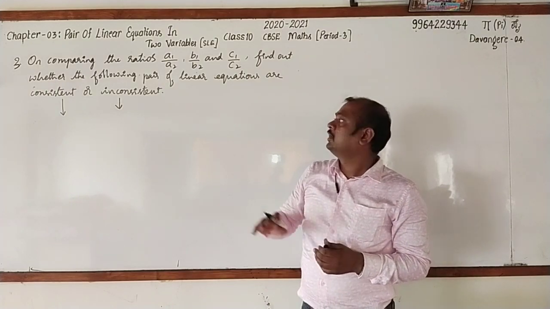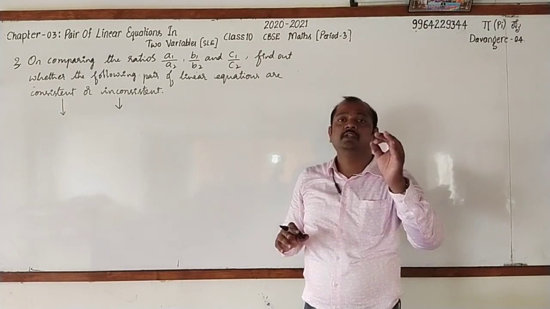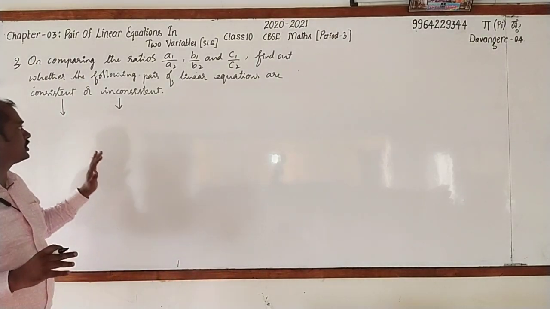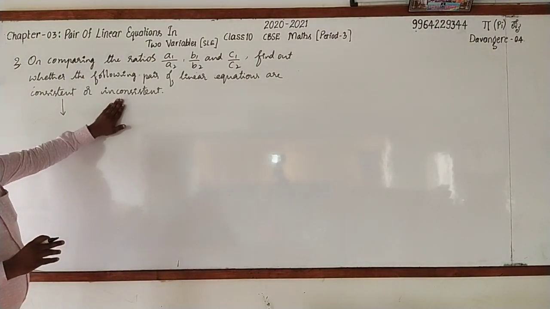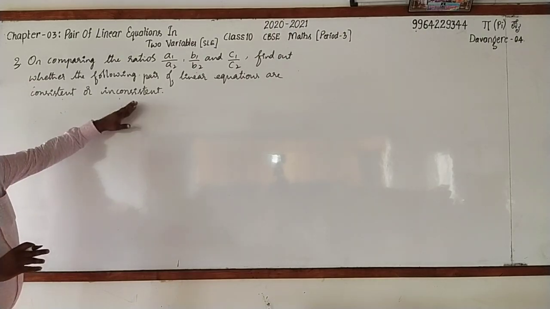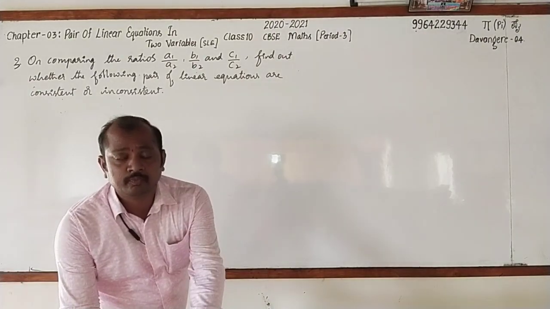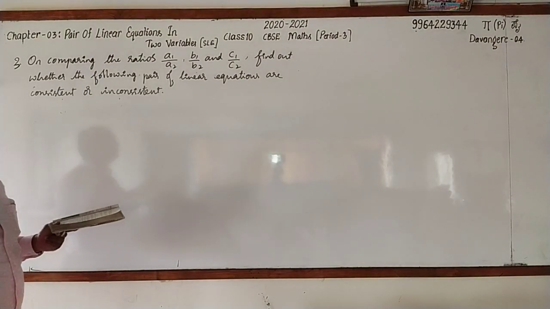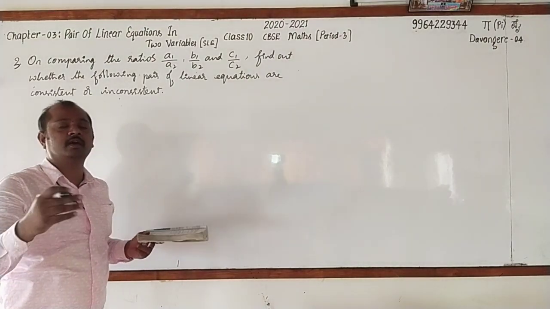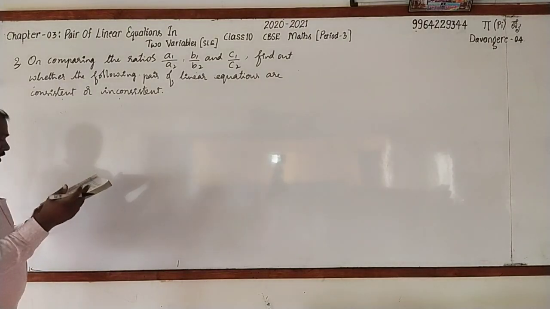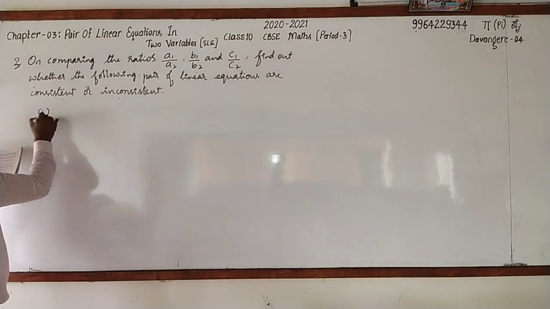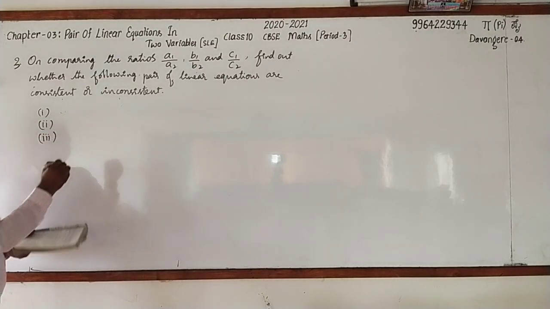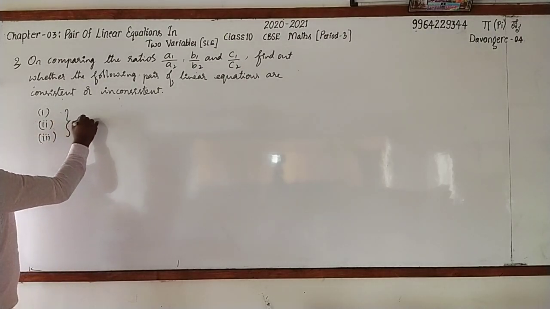And inconsistent, if that pair of equations has no solution, then you can say that they are inconsistent. So we also know the conditions for all the three: unique, infinitely many or no solution. Let's go further. Here first one, second one as well as third one, all the three are already solved in worked examples.